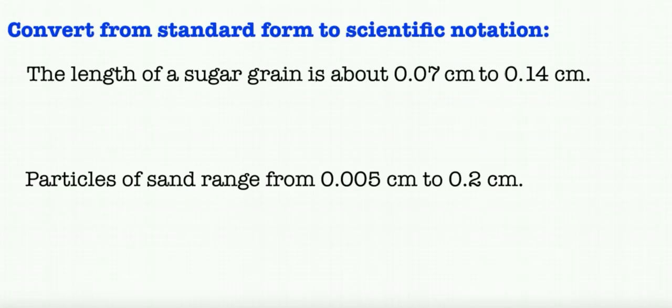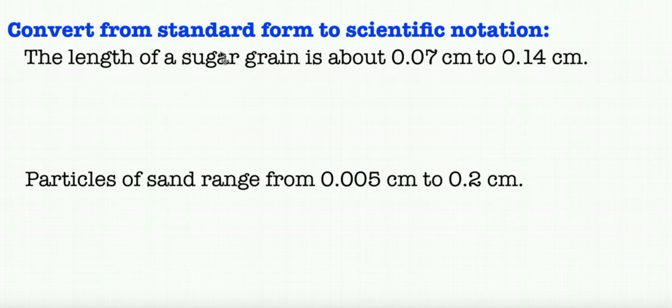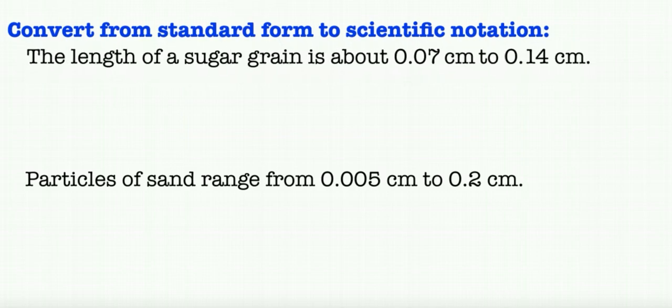So here we have two problems, and we're going to convert from standard form to scientific notation. The first one says the length of a sugar grain is about 7/100 of a centimeter to 14/100 of a centimeter.